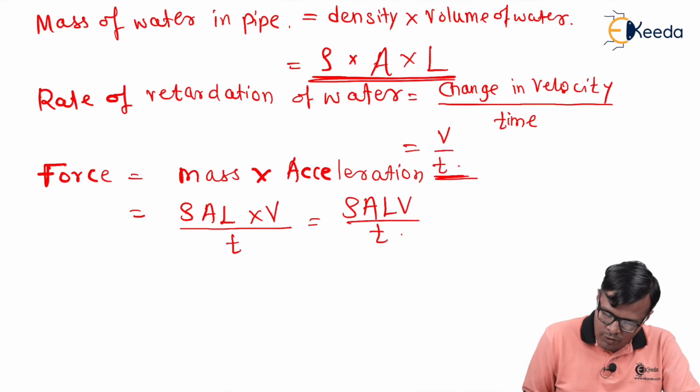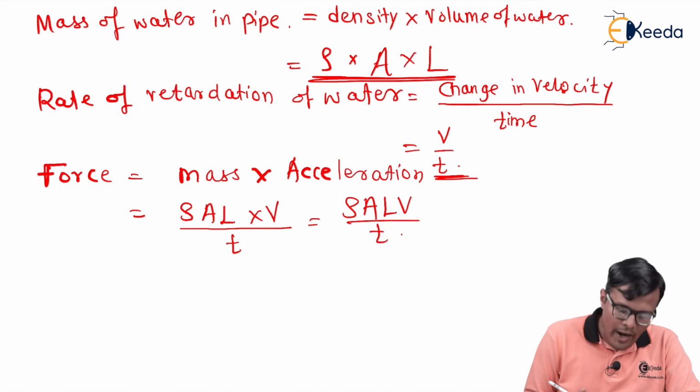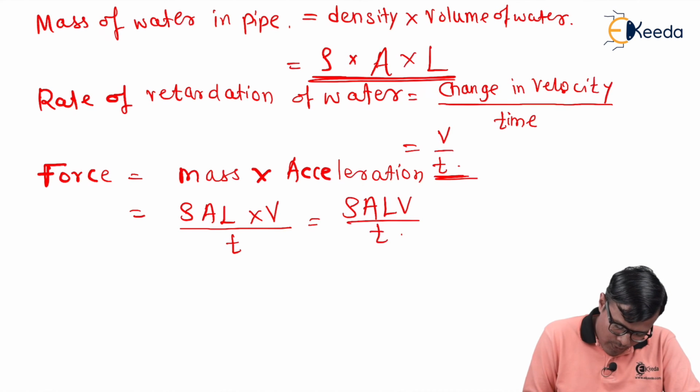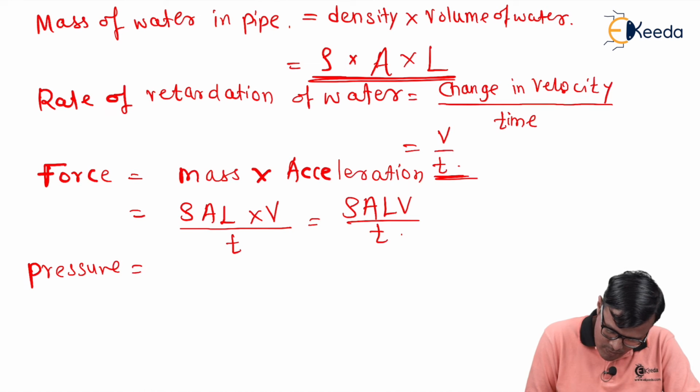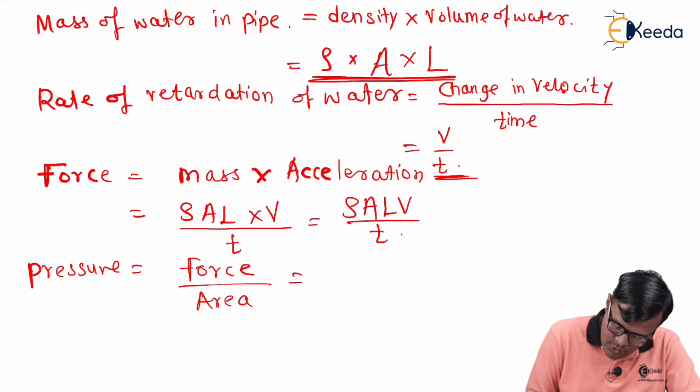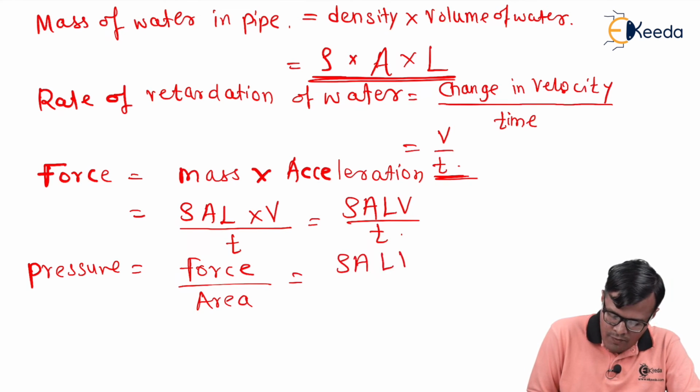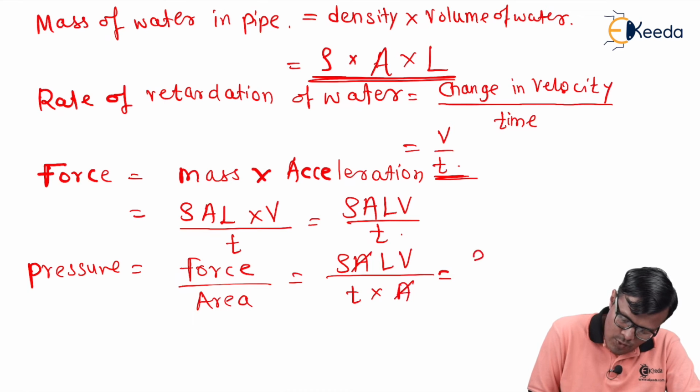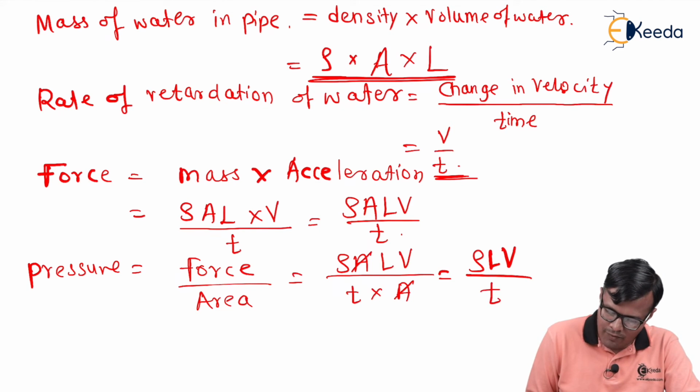This is the force. Now I want to calculate pressure. So pressure is equal to force upon area. This is the basic formula, force upon area. So rho ALV divided by T into area. This area will get cancelled. So rho LV divided by T. So this is the formula for the pressure which is generated.